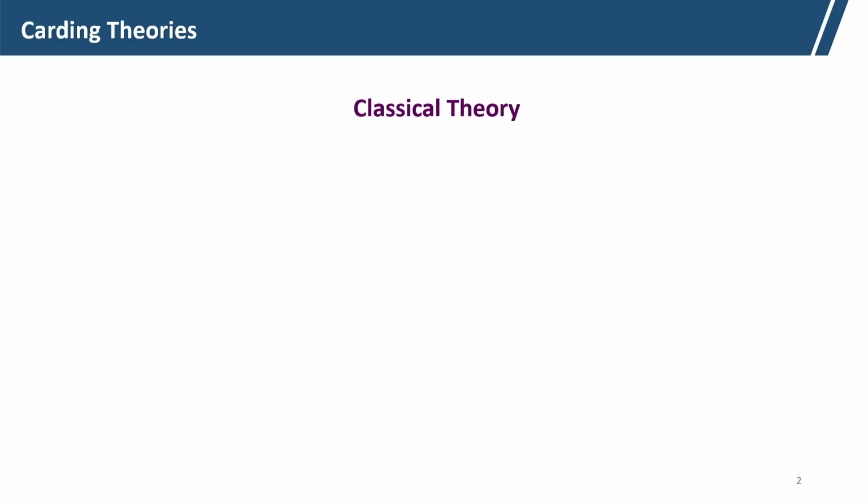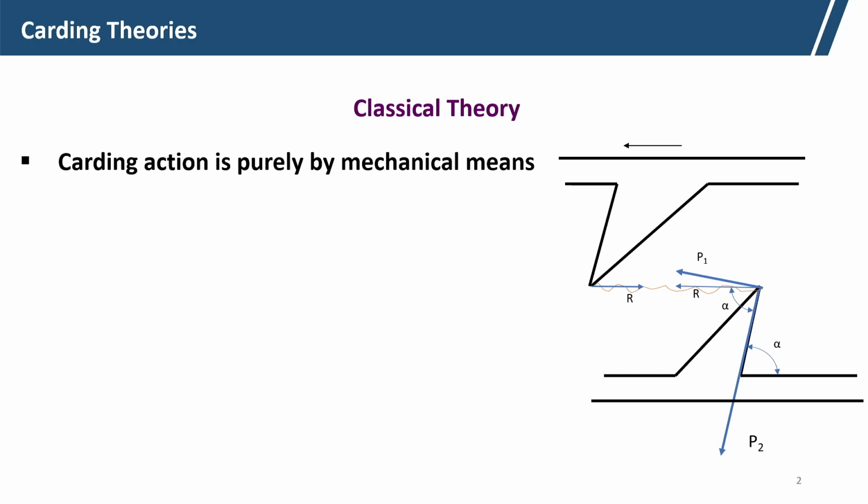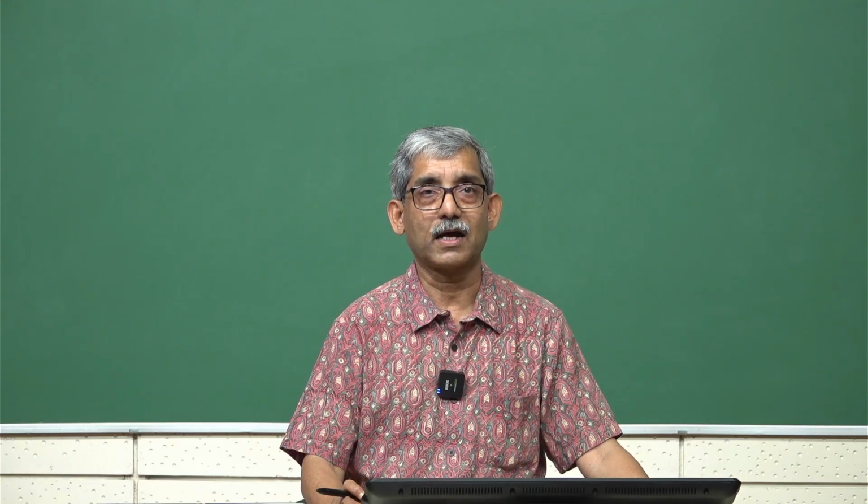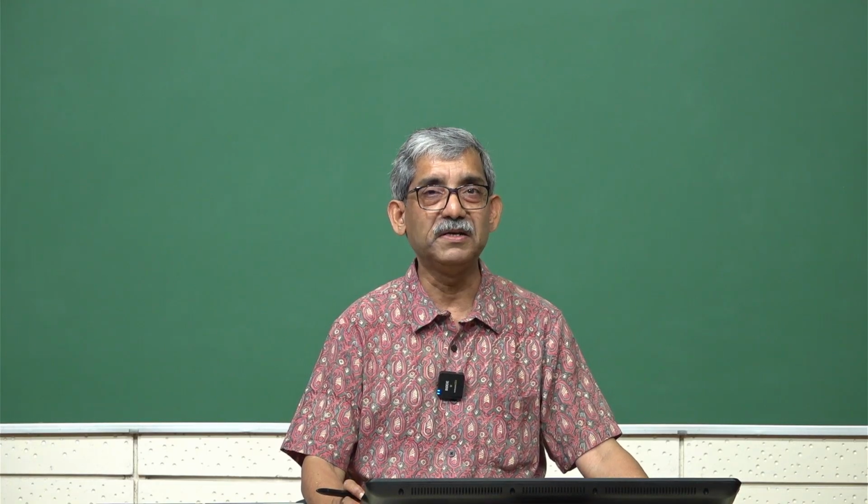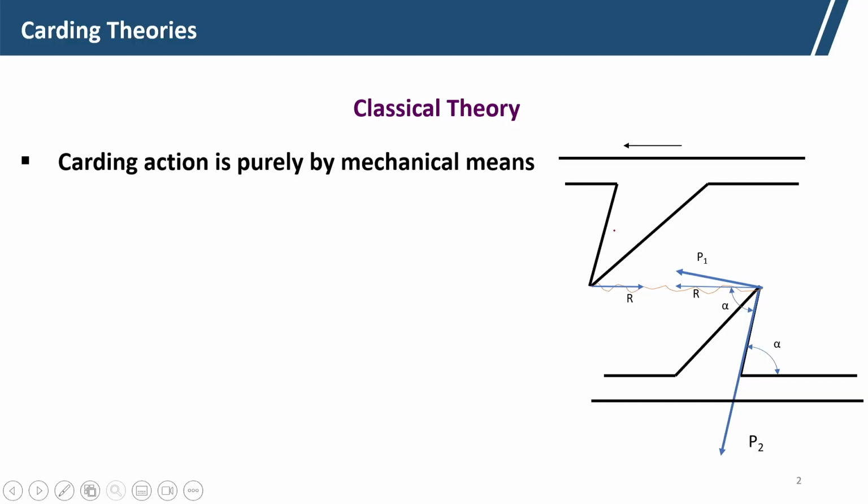Carding classical theory, that we have already mentioned in our last session. So, carding action is purely by mechanical means. Although for fiber shedding from the surface, like from the doffer surface, there is an air current also comes into picture, but as far as carding action is concerned, it is purely by mechanical means, by a pair of pinned surfaces, and they are inclined in different directions.